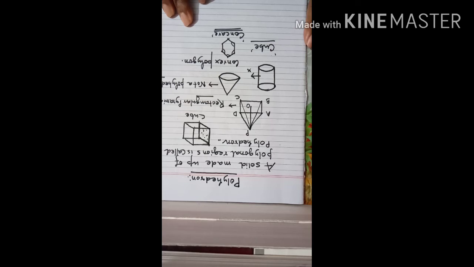So polyhedrons which are not convex are called concave polyhedrons.